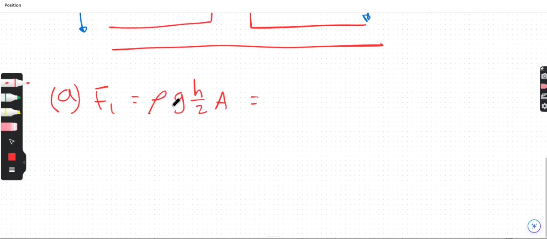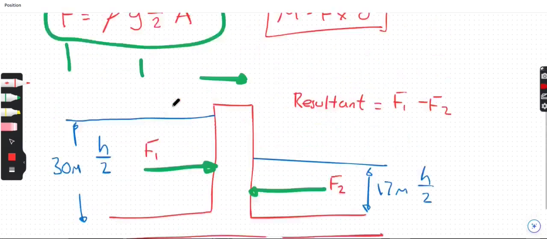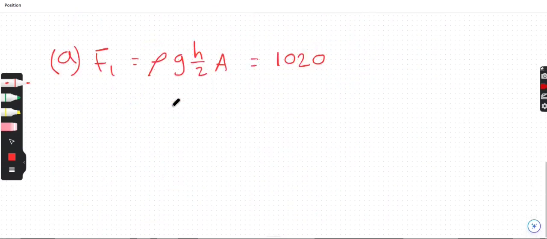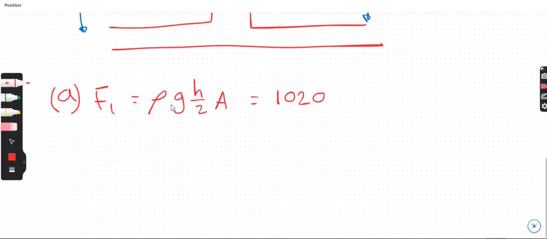And I know that the density of this water is 1020, times gravity, which we all know is 9.81, times height divided by 2.